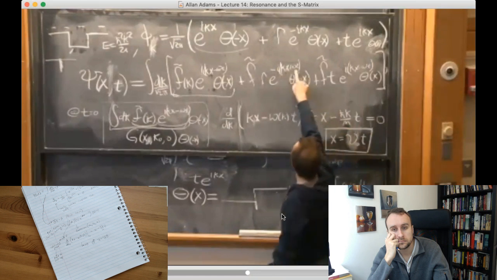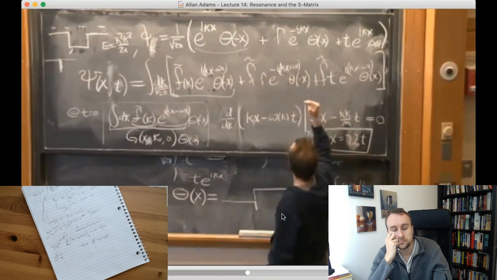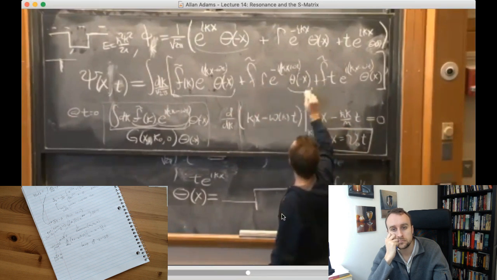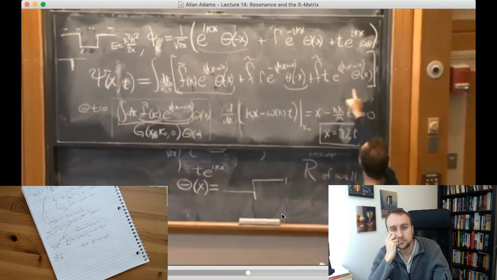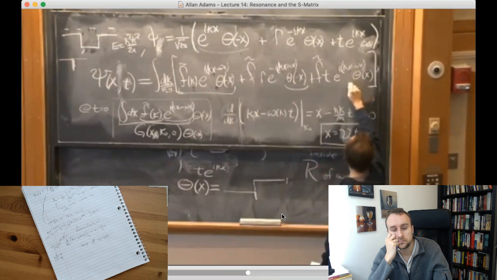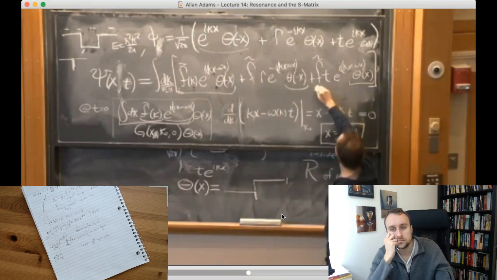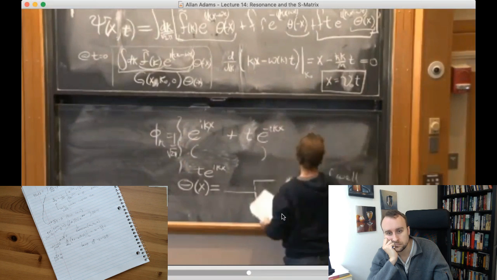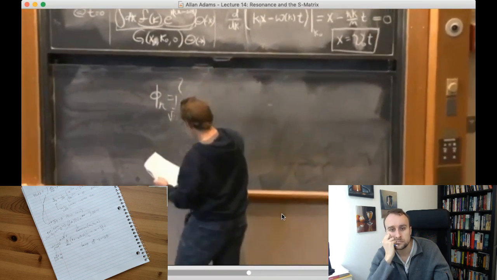In particular, this one is moving to the left, so as time goes forward, x is moving further and further to the left, and so this theta function starts turning on. And similarly, as x goes positive, this theta function starts turning on as well. Let's focus on this third term, the transmitted term.